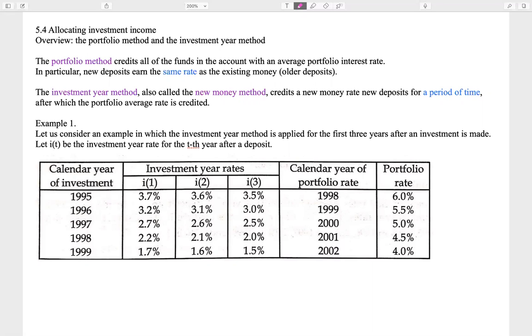In this section, we continue the same study, okay? What we want to study is how we are going to allocate return to the new deposits, although the title says allocating investment income. The thing we are trying to do is how different deposits are credited. Let's say I contribute $1,000 today.